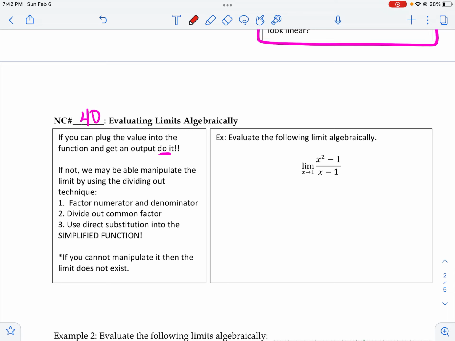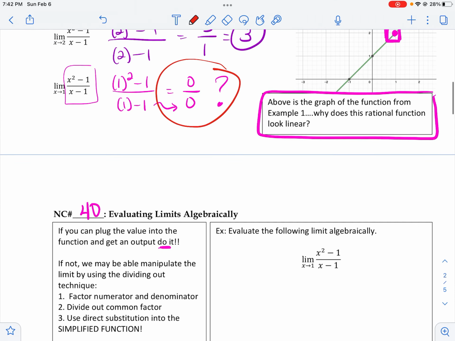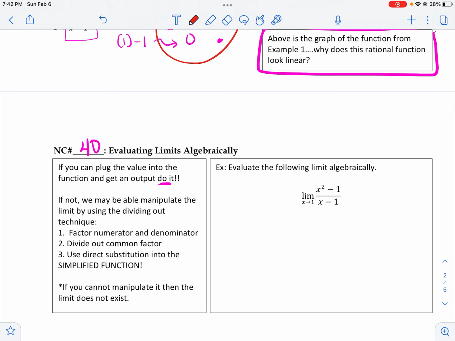So again, first you're going to try directly plugging in. I would always try to first plug it in without having to manipulate it at all. But we tried that up here already and saw that it didn't work. So once it doesn't work, and I see that the numerator could be factored, it's a difference of two perfect squares, and the denominator is just coming over, I could divide out the common factor of x minus 1.